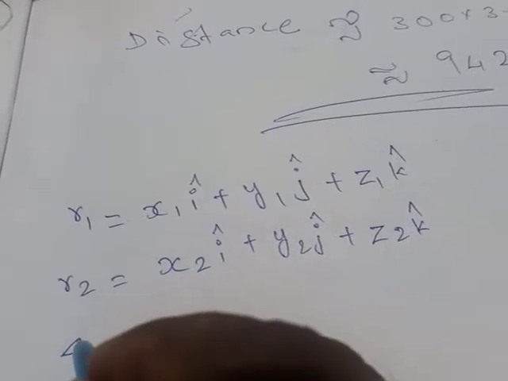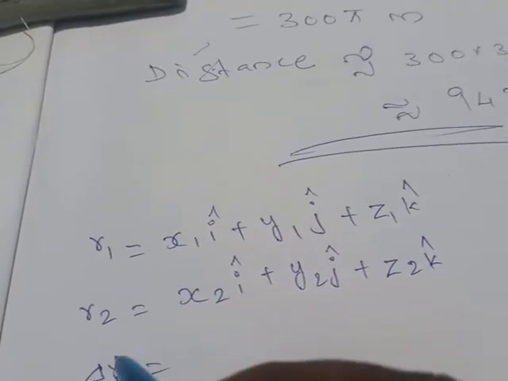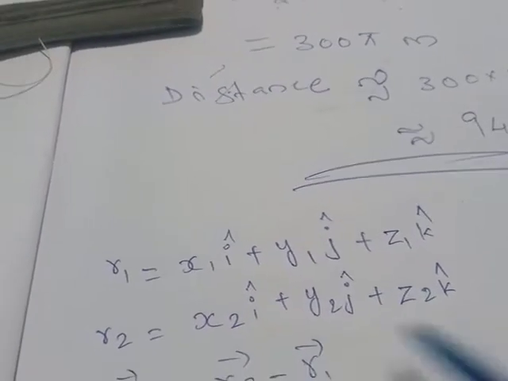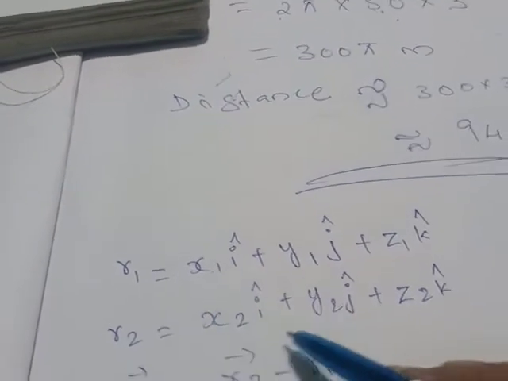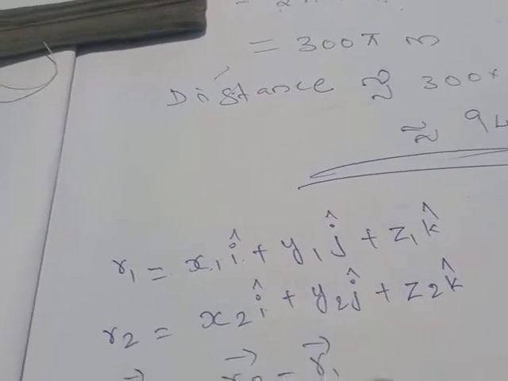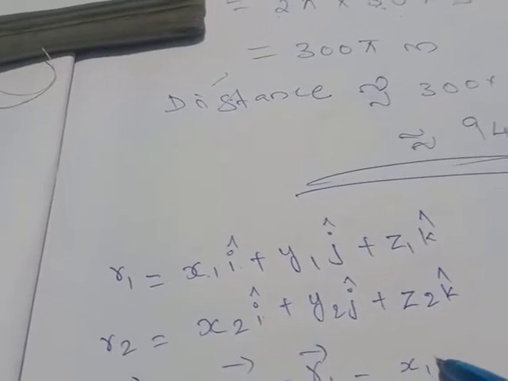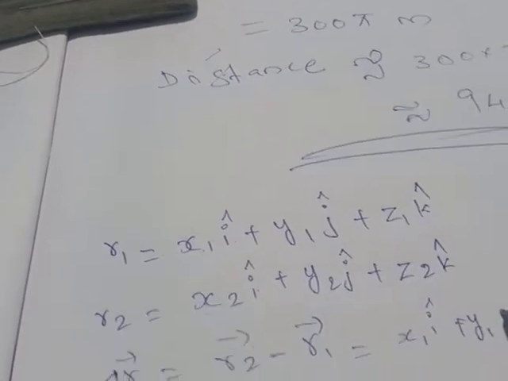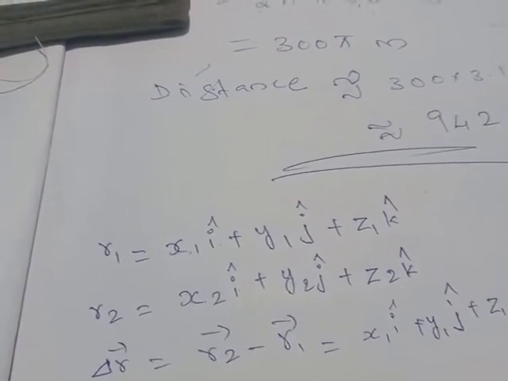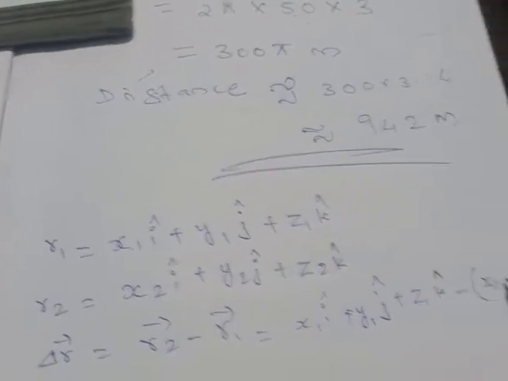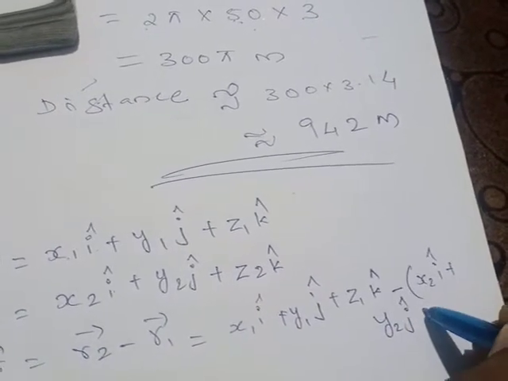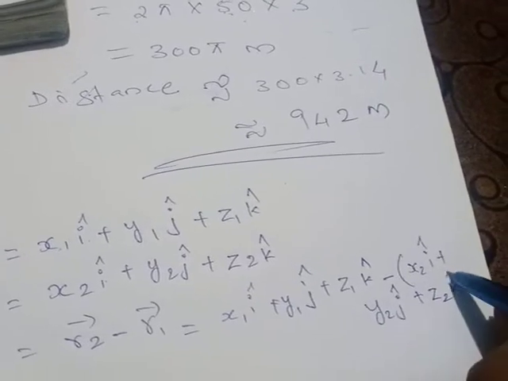Now if you are finding the position vector delta r, you know that it is r2 minus r1 vector. So x2 minus x1 here for i.